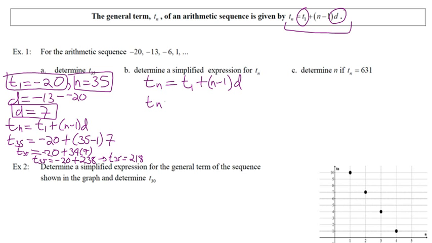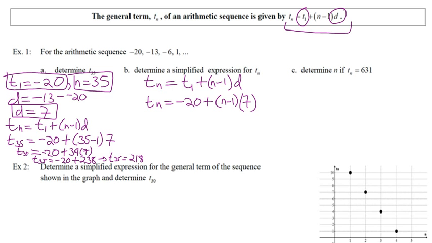So t sub n, well, we know t1 is negative 20. We won't know what n is, right? But we do know what d is. So in this case, we're just filling in t1, the first term, and d, the common difference, because what we want is a simplified form. Something that's a little bit easier to work out than this.